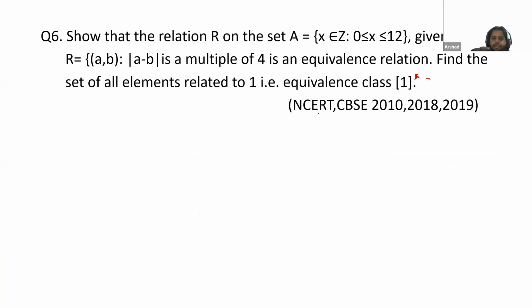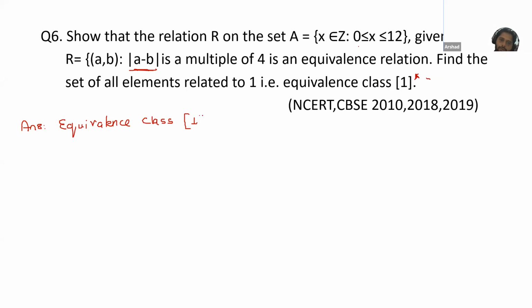What is the equivalence class? Equivalence class means you need to find all the numbers which are related to one under this condition. So you need to select from set A all the elements which will satisfy this condition. This I will again explain to you in a new question.